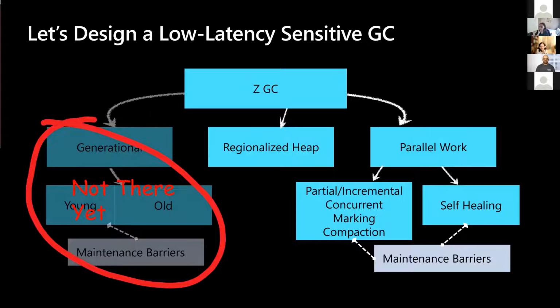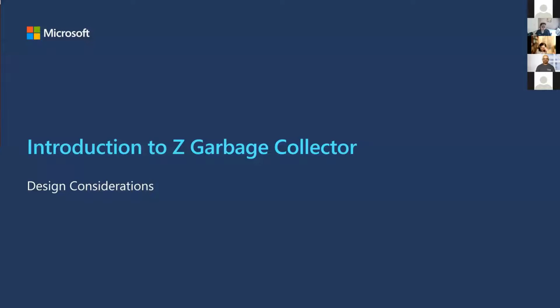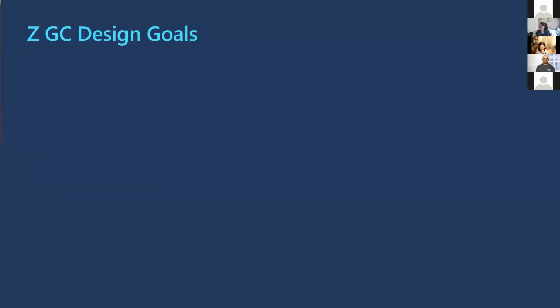Okay, so let's go into designing a ZGC collector. The reason I wanted to introduce this whole concept of how to design a low latency collector is because that's how, when you're designing a GC, that's what we think about. We think about what are we trying to achieve here, right? So there has to be these design goals, right?